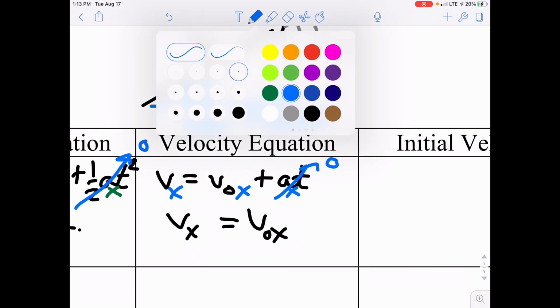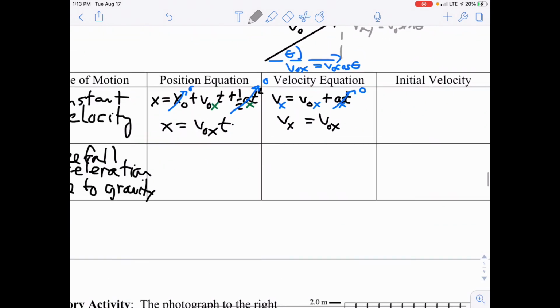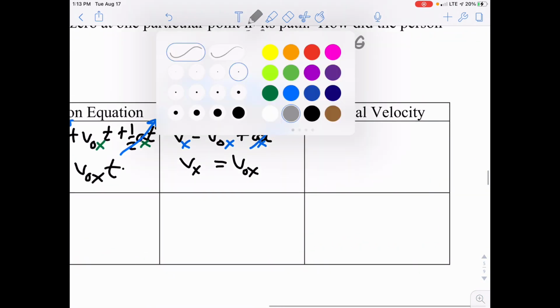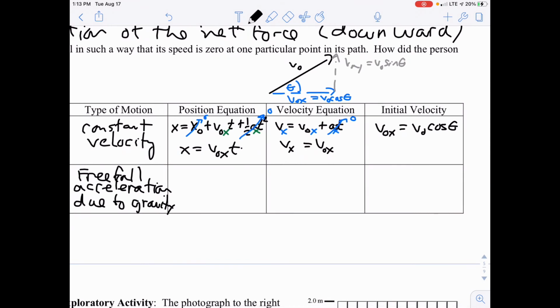Whereas v naught y is going to be v naught times the sine of my angle, because the opposite side of the triangle always goes with sine. So my initial velocity in the x direction, v naught x, will be v naught times the cosine of my angle.